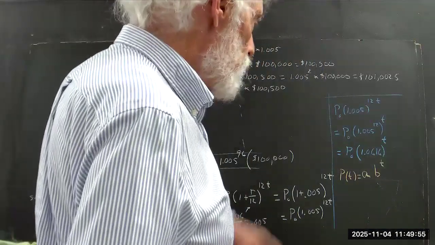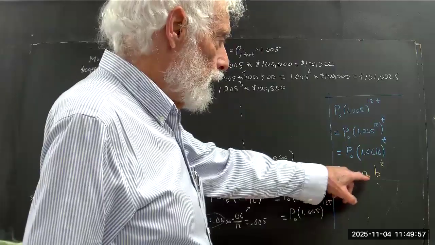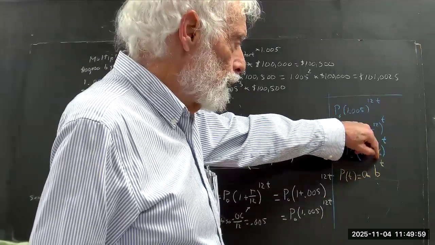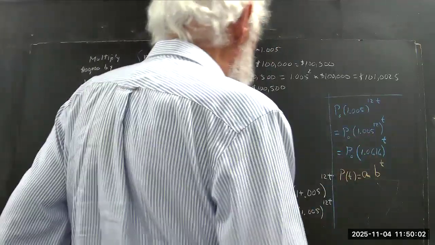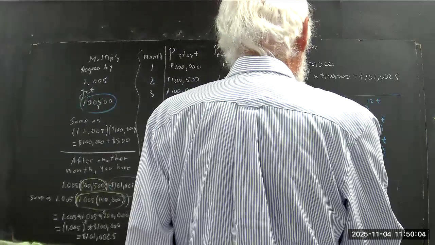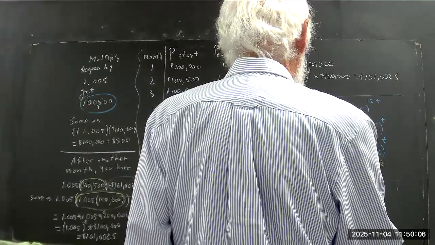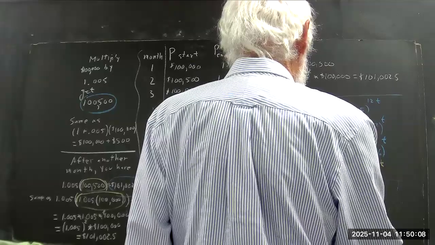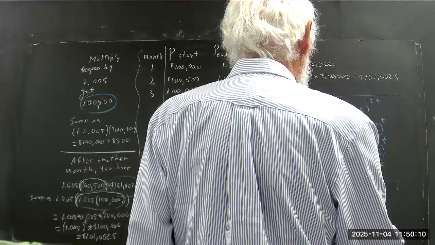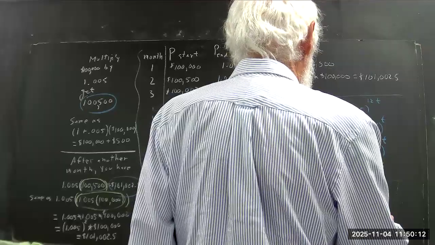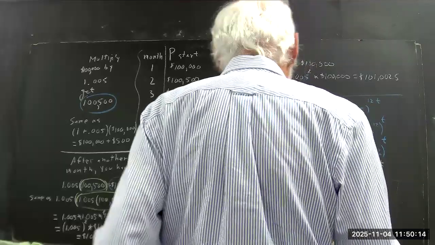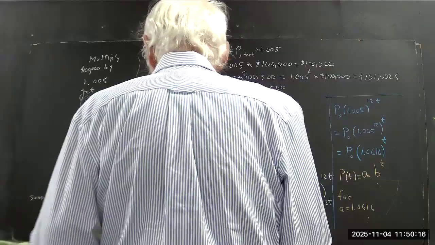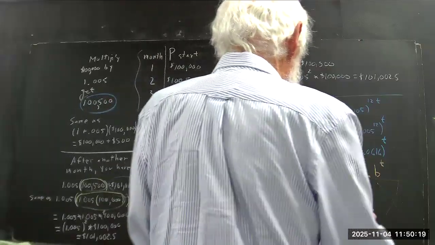P of t is just an exponential function, like ab to the x, so this is ab to the t. What do we write for that?